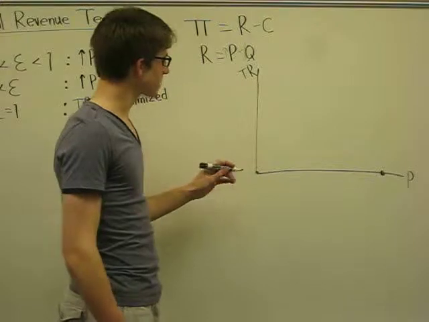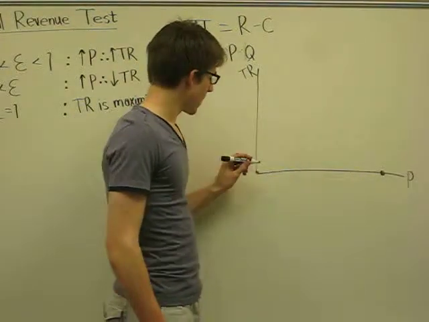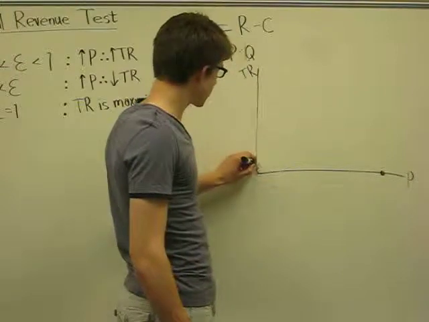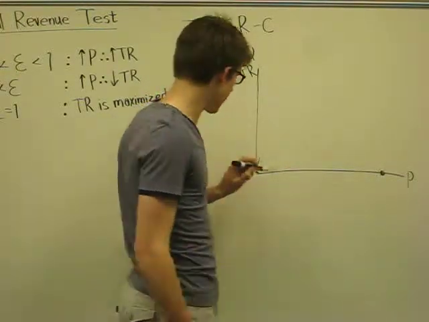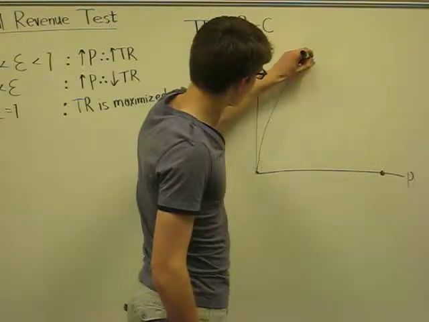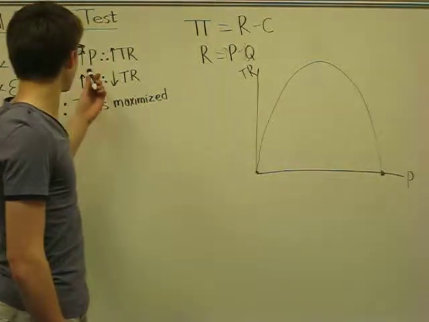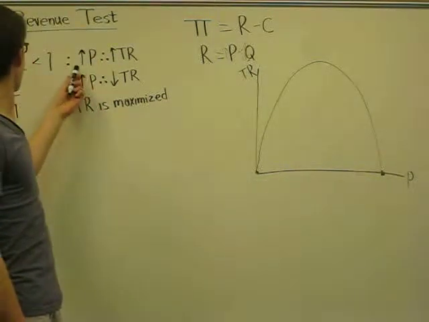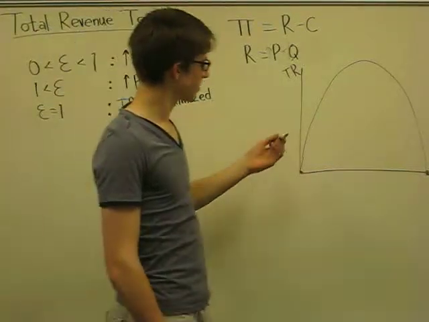And then in between, we see that even a small increase in price will have a relatively large effect on the total revenue. And eventually, this is just a rough sketch, mind, we'll go up, max out, and come back down. So from here, when we're inelastic, an increase in price increases total revenue.